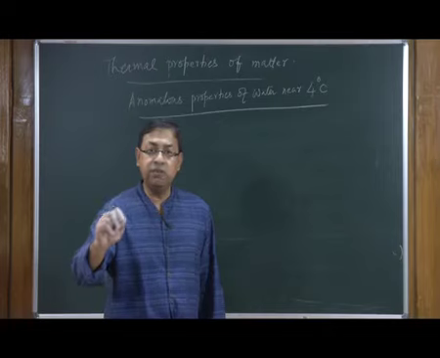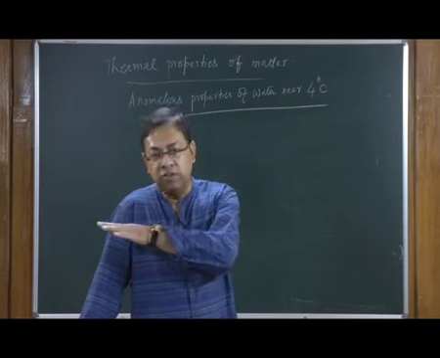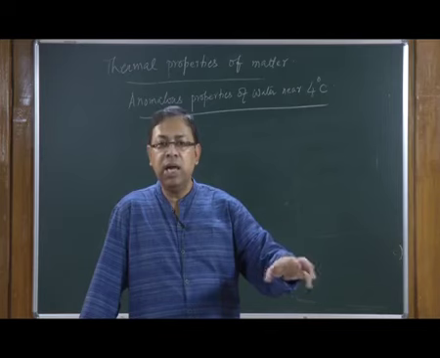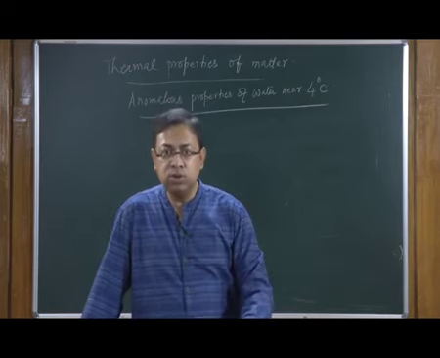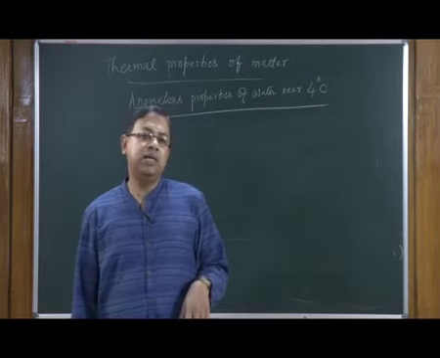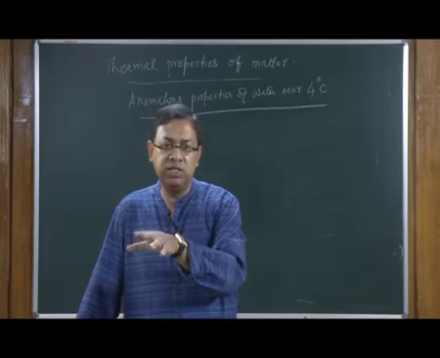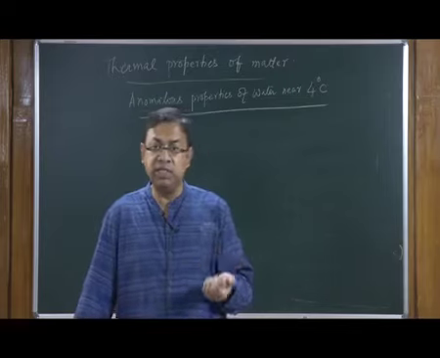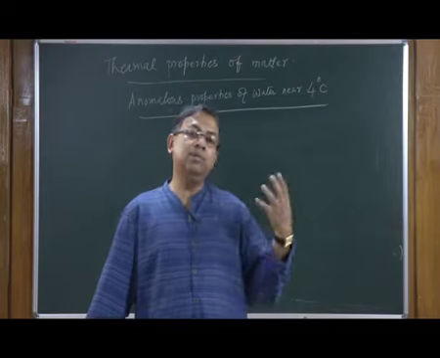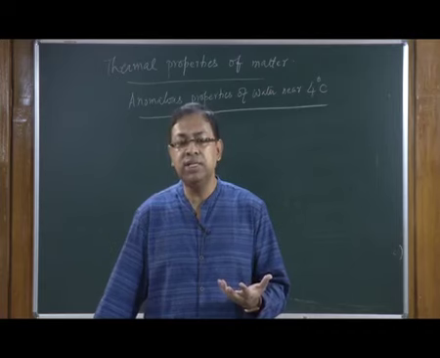And suppose the air temperature is still above 4 degrees centigrade. So, the surface level of water gets chilled, it becomes heavy, and it goes down, and the level below comes up, and that again comes in contact with the air which is cold, but still above 4 degrees centigrade, and this process continues till all the water reaches a temperature of 4 degree centigrade.